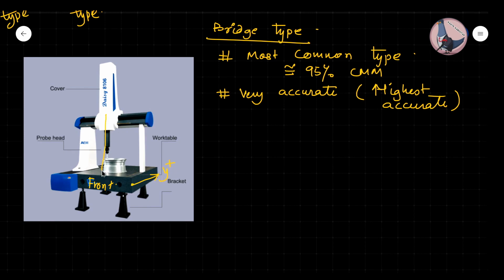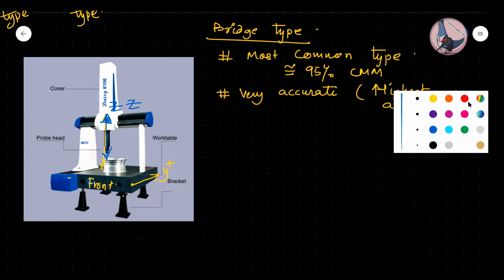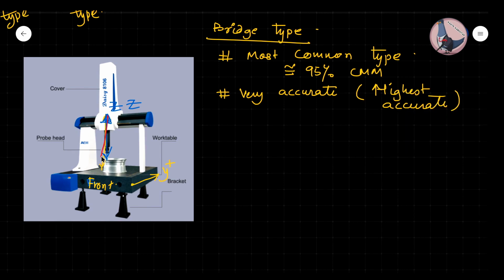Z-axis is along your tool movement. So your z-axis is along the tool movement direction, and perpendicular to these two is your x direction.